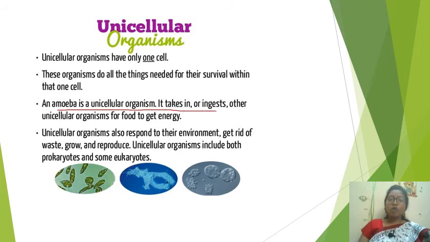It ingests other unicellular organisms for food to get energy. Unicellular organisms also respond to their environment, get rid of waste, grow like us, and they also reproduce. Unicellular organisms include both prokaryotes and some eukaryotes. We will study prokaryotes and eukaryotes in the next video.